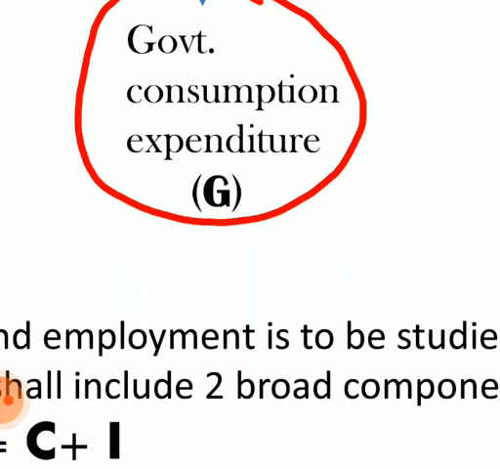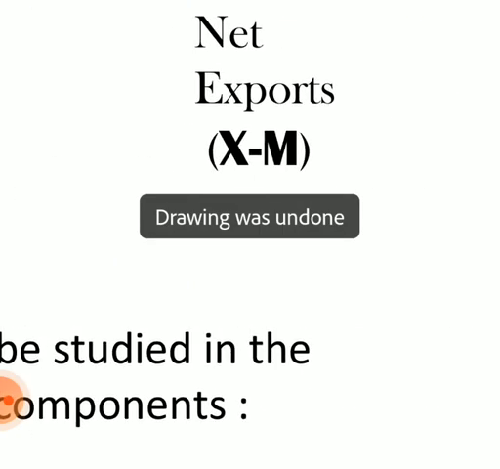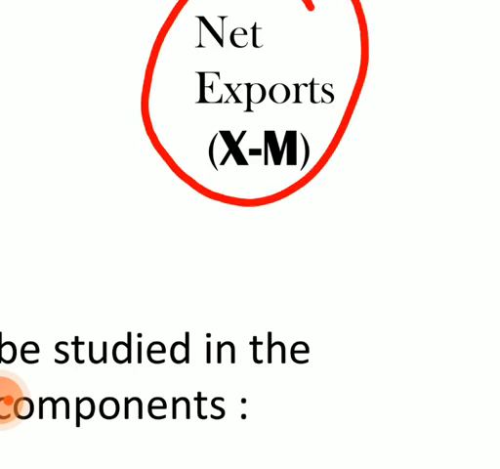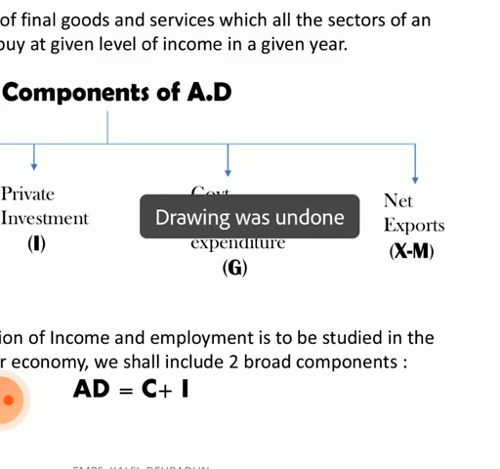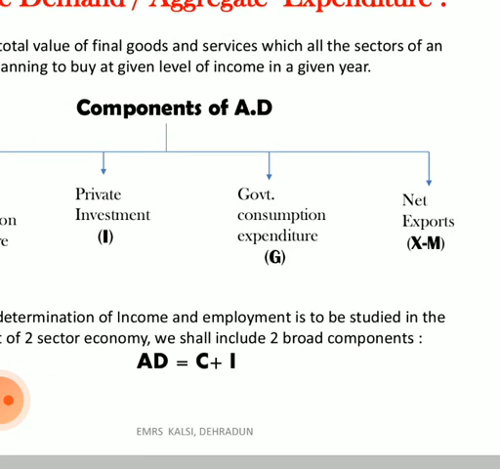To maintain law and order, to provide medical facilities, to provide education facilities. And the next thing is net exports. What is net exports? Exports minus imports. These are the components of AD which we have done earlier, in depth, in the expenditure method.